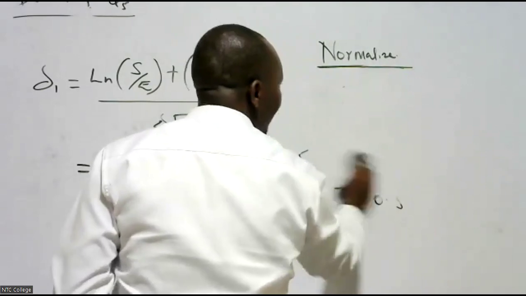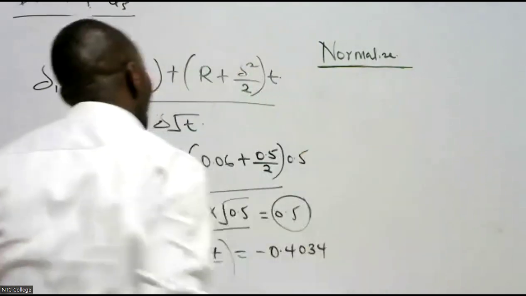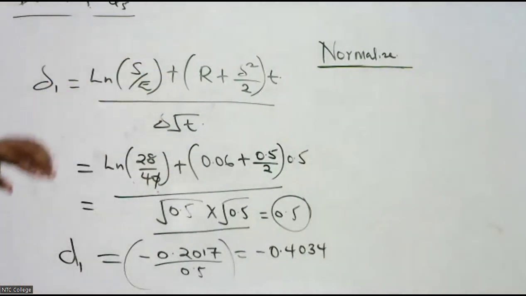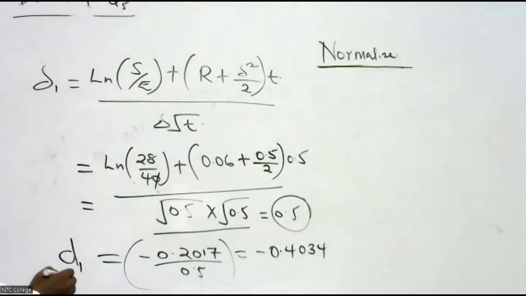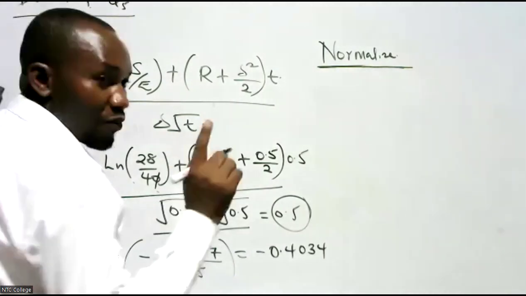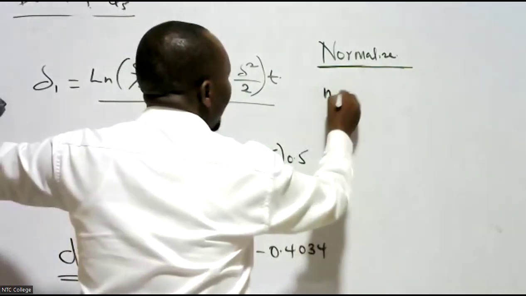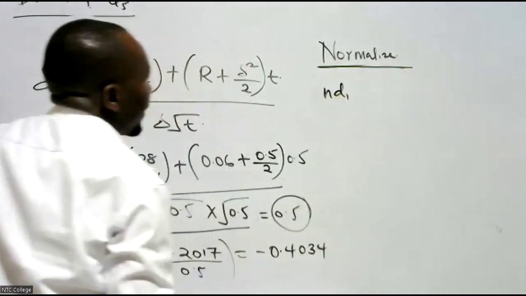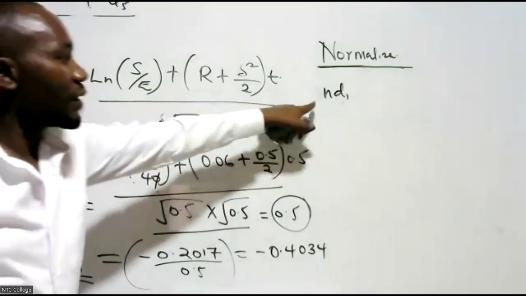I can see Florence doesn't want to move on. Florence, what we are trying to say, this is D1 only. But then we have ND1. This one is D1. This one is ND1.